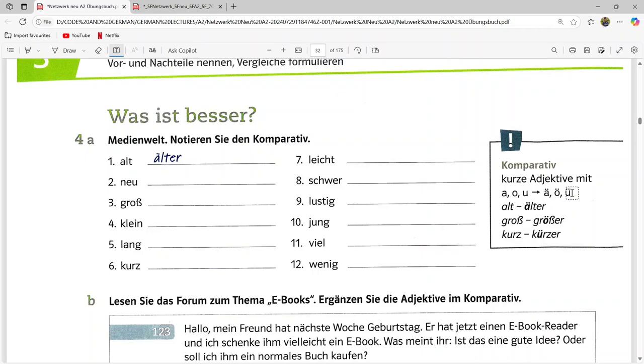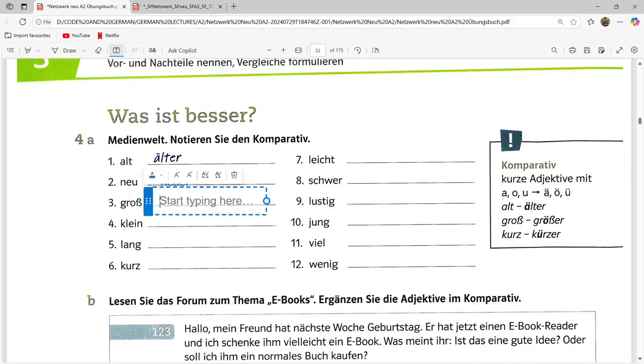Okay, so let's start solving them. And what is the option? We have to use comparative, not superlative, comparative. Okay, so very easy. We can start. Alt, älter. So old, older. Neu will become neuer. Goalkeeper, Neuer. Okay.